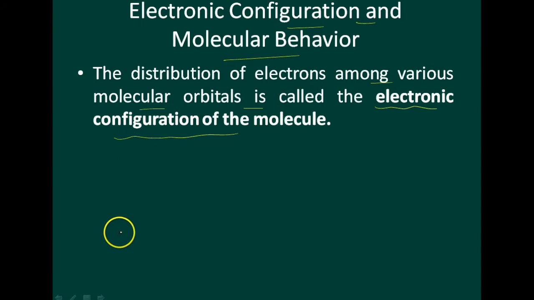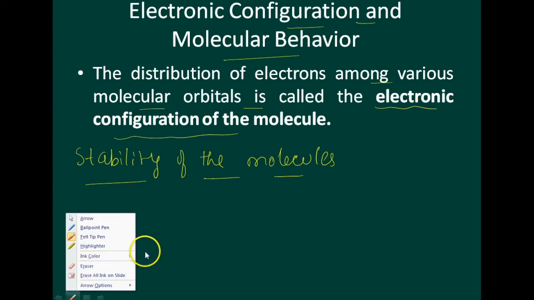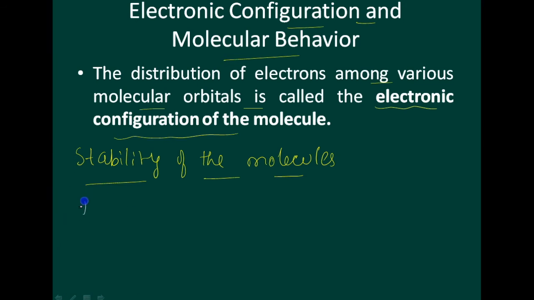Here, about the stability of molecules, consider that Nb is the number of electrons occupying bonding orbitals and Na is the number of electrons occupying antibonding orbitals.